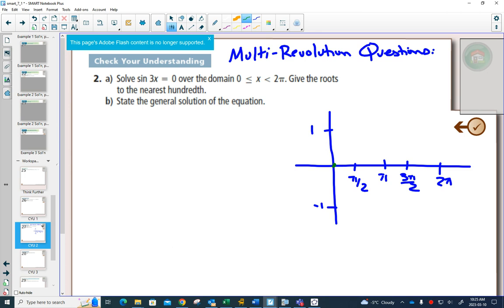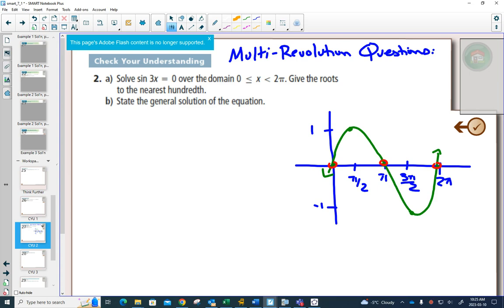Sine graph starts in the middle, going up, so you go middle, then max, then middle, then min, then middle. Here's our regular sine graph. So normally, if you were solving for where sine is equal to 0, you'd be like, oh, here, here, and here. That would be normally for sine of x.